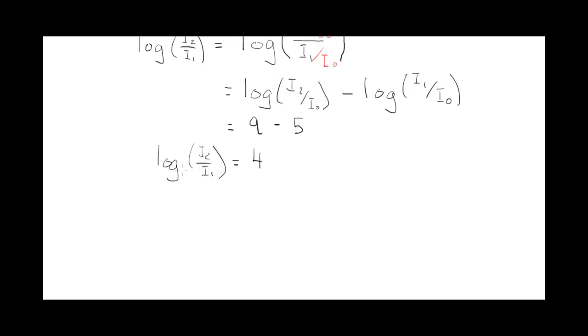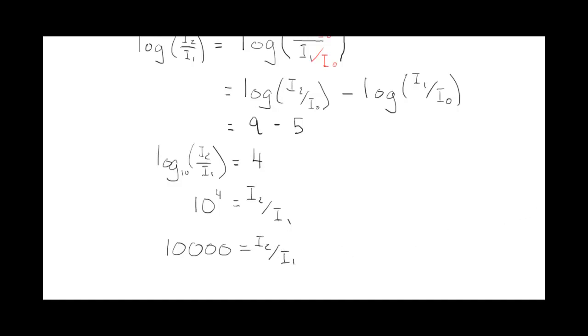Remember, that's base 10. If I convert this to exponential form, that would be 10 to the power of 4 equals I2 over I1. 10 to the power of 4 is 10,000. So I2 is 10,000 times as intense as I1.